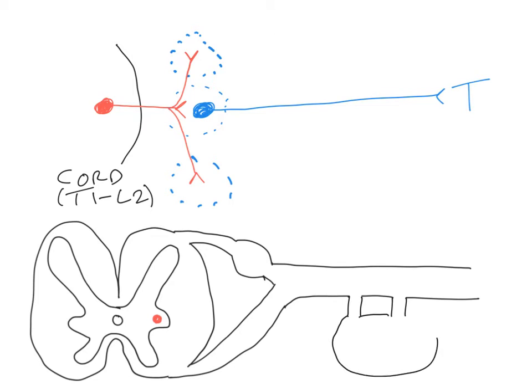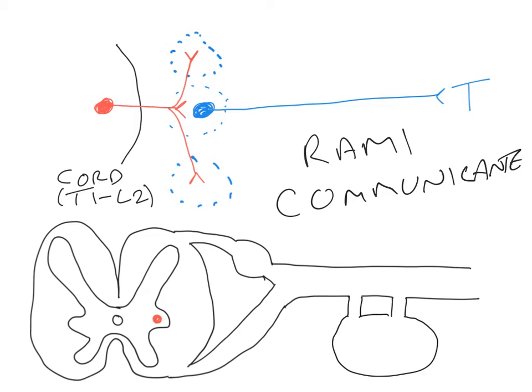So this here is one of the sympathetic ganglia in the sympathetic chain, and the sympathetic ganglia are connected to the spinal nerves via processes called rami communicantes, the singular being ramus communicans.